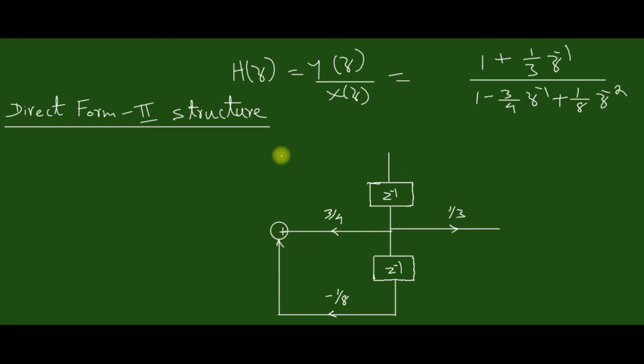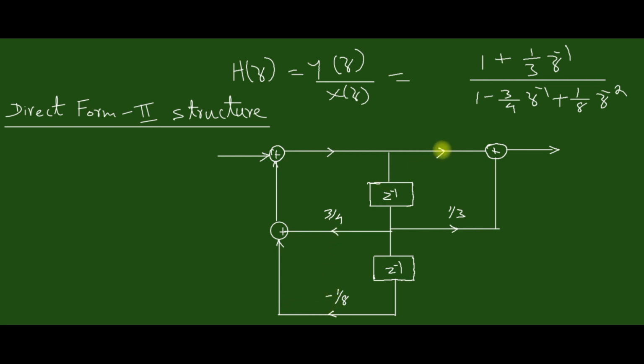Now you have to connect here. The B0 coefficient is 1 and A0 coefficient is always 1, and A0 is in the forward direction, whereas all other a coefficients are in the reverse direction.